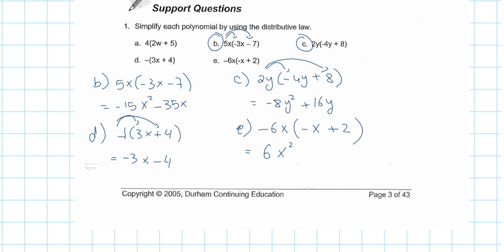Now, just 1 second. I have a negative times a positive. That's a negative. 6 times 2, 12, and then just the letter x. Are we good? That's easy. Okay? We've done some of this before. It's not new.